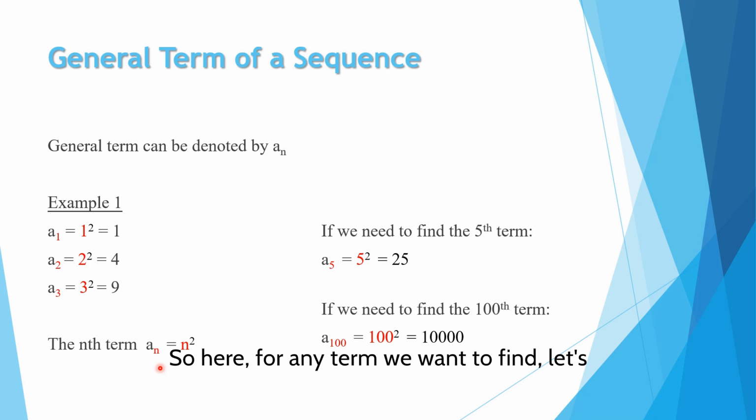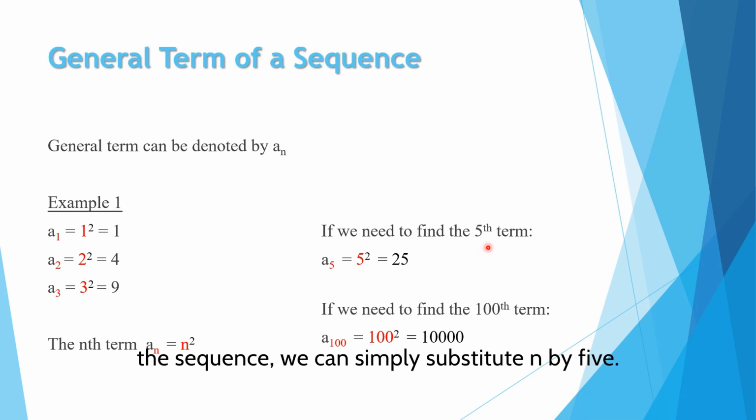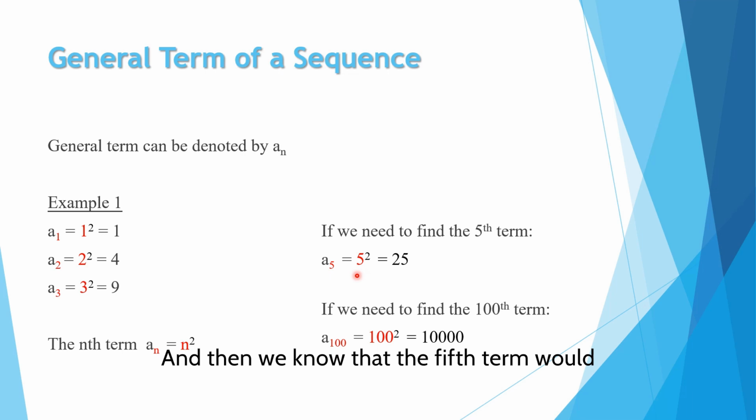So here, for any term we want to find, let's say, if we want to find the fifth term of the sequence, we can simply substitute n by 5, and then we know that the fifth term would be 5 times 5 equals 25.